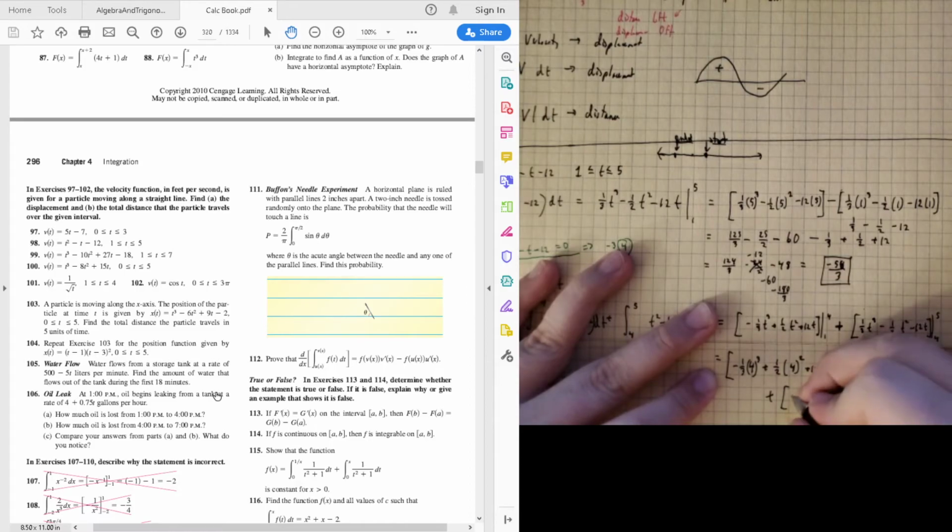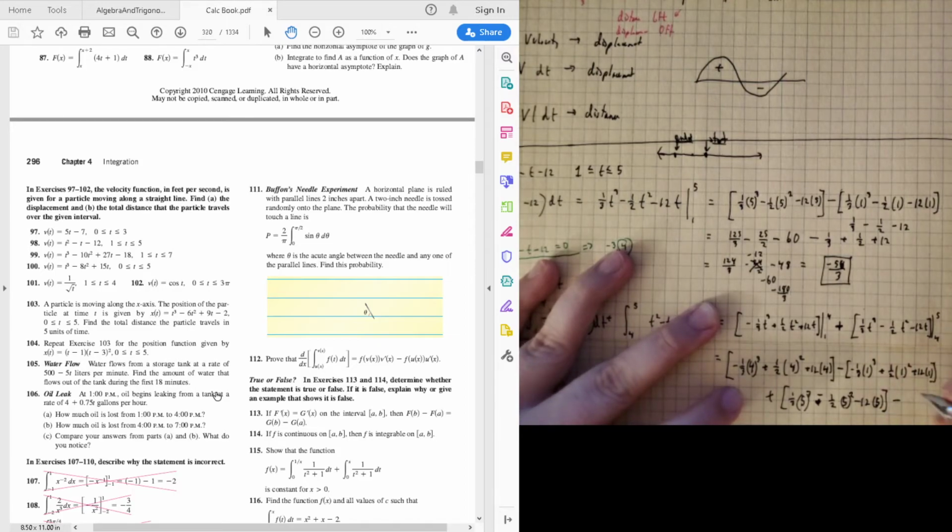Okay, plug in 5. 1/3 times 5 cubed plus, minus 1/2 5 squared minus 12 times 5 minus, that is the same thing with 4.